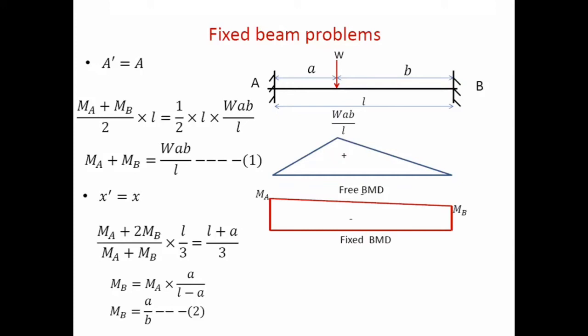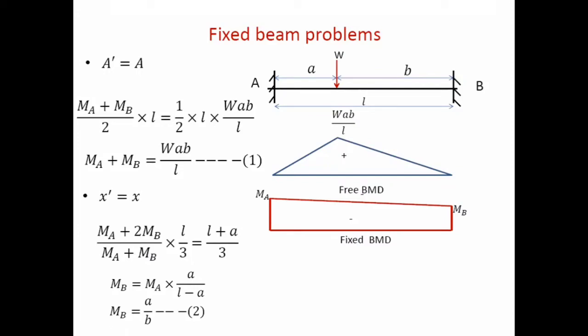So if you go to the red diagram, which is fixed bending moment diagram, here we have to write down the centroidal distance formula for this trapezoid. So what is that formula? MA plus 2MB divided by MA plus MB into L by 3. You need to remember this formula if you have to derive this.